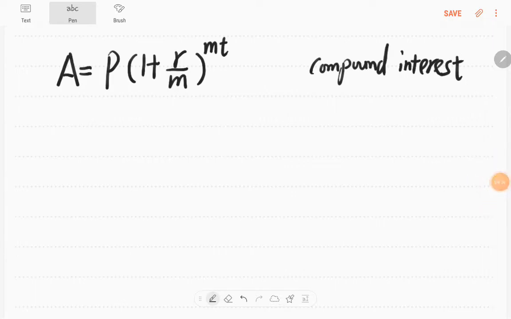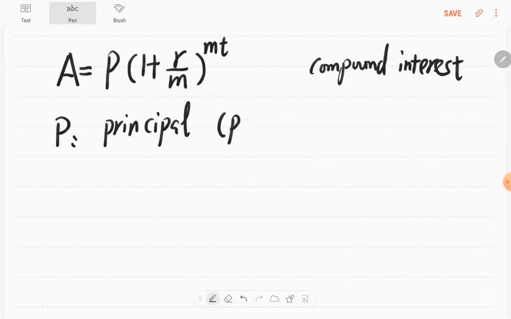So here P is called the principal, which is the present value which will be invested.